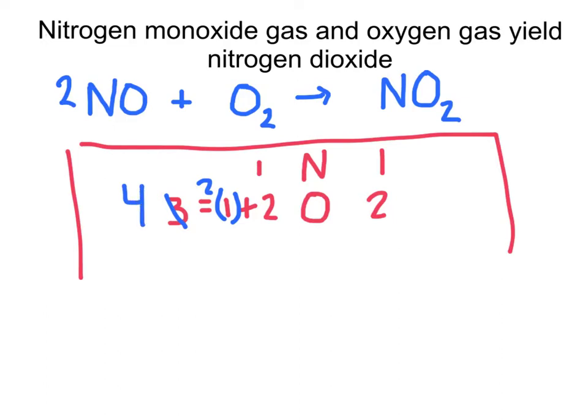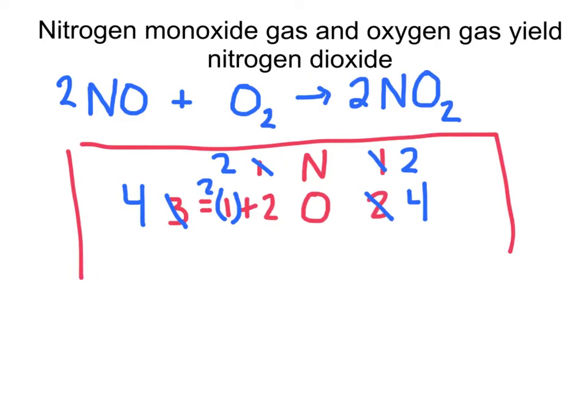Let's see if that helped us on the other side. Well, I now also have 2 nitrogens, right? So now I've got to come back here and multiply the nitrogen by 2, and by doing that, that affects my oxygen, and I also now have 4. So everything balances out that way. I now have balanced the equation for this one.